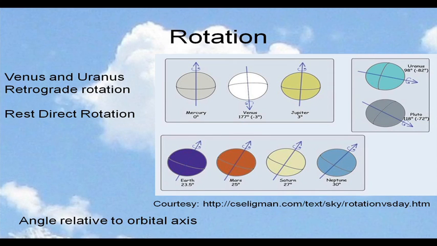Having discussed this, we looked at the rotation of the planets, and we found that the rotation of nearly all the planets is aligned with the orientation of the revolution.